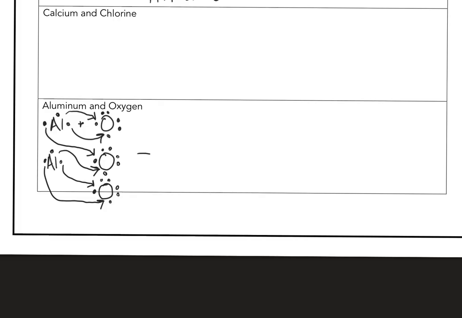And it looks good, so I'm going to move on to the next step. So I'm going to just write out the same number of atoms that I had before the arrow. So I had 2 aluminums, 3 oxygens, and I'm going to give all of my oxygens 8 valence electrons.